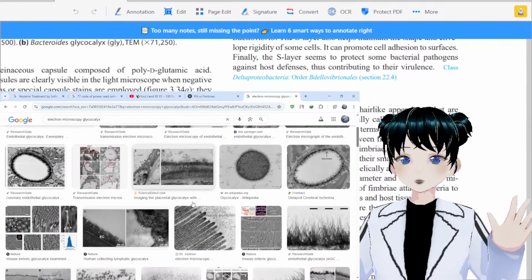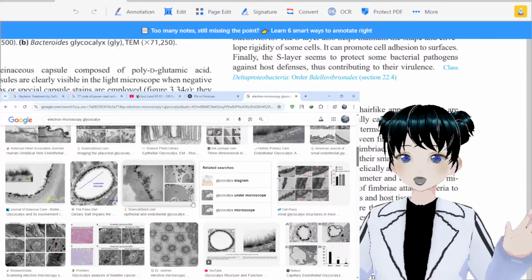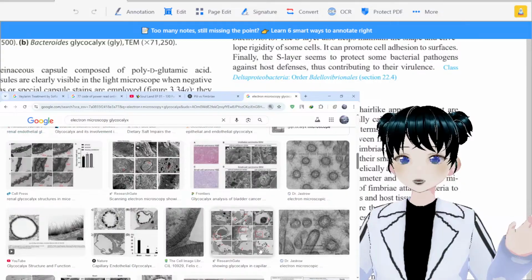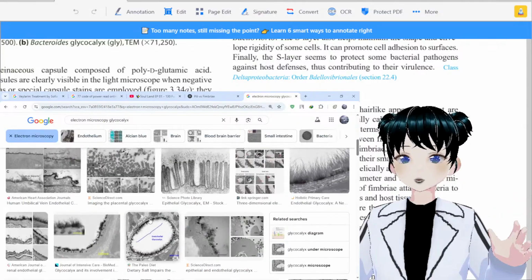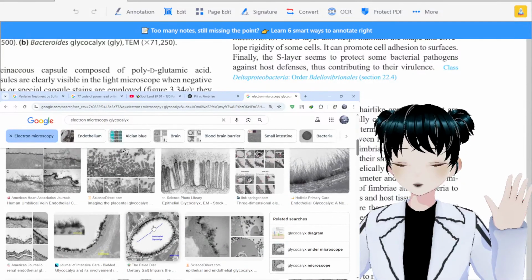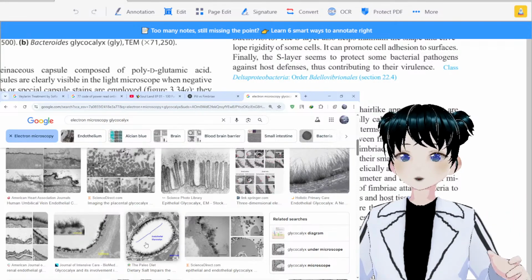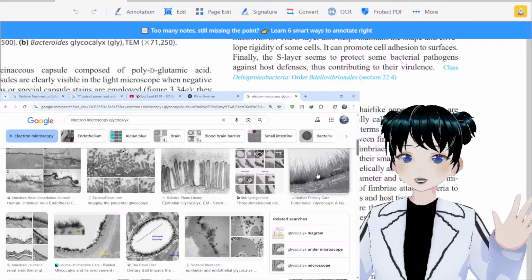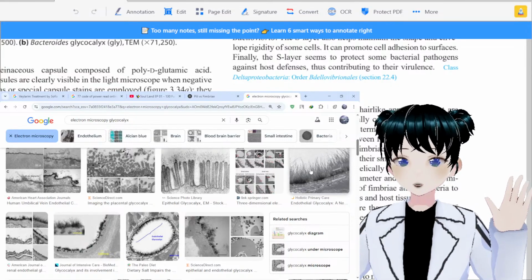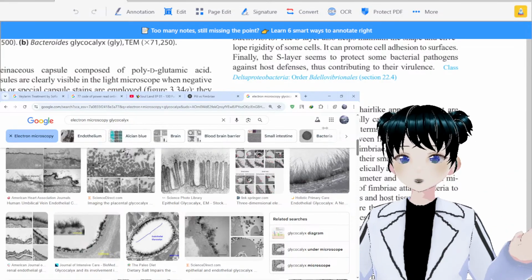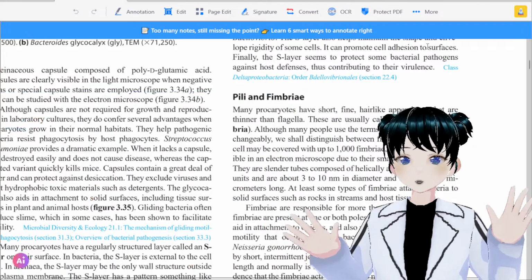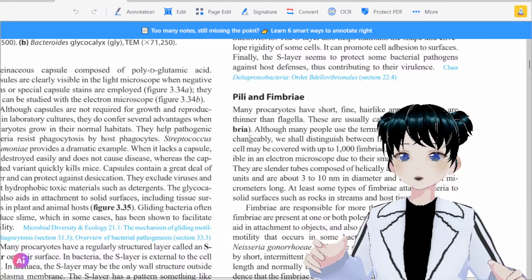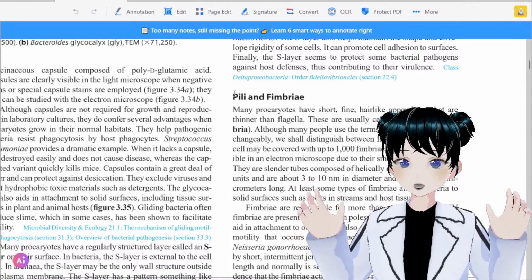Here, these thin structures. I know this is the structure of different things, but here it's these kinds of filament-like things. Fimbriae are extremely high in number, but pili are just 5 to 10 maybe. It's not high in number.